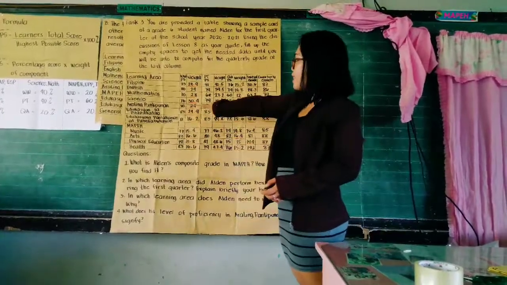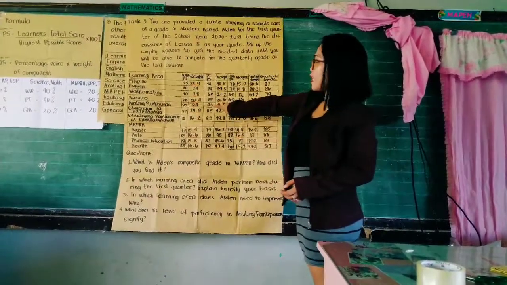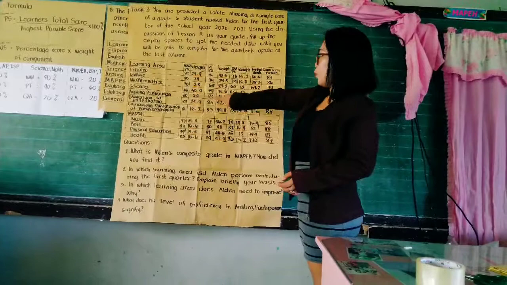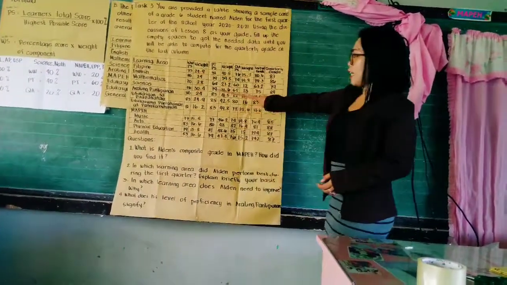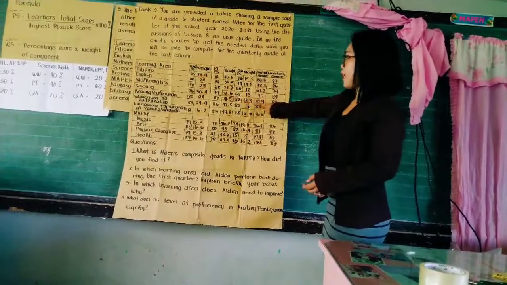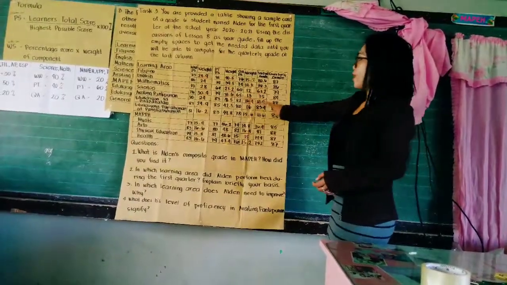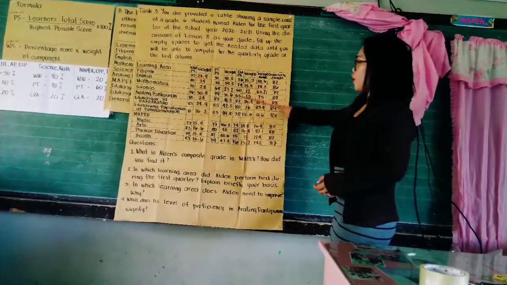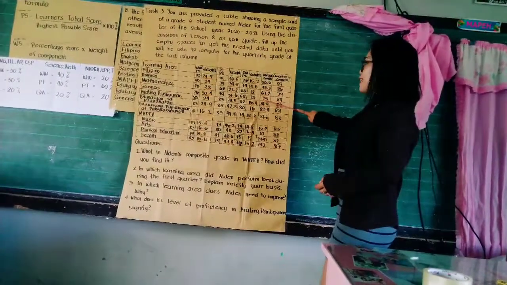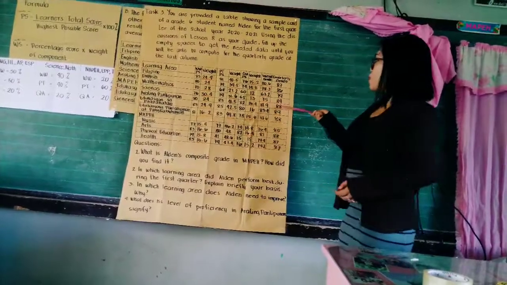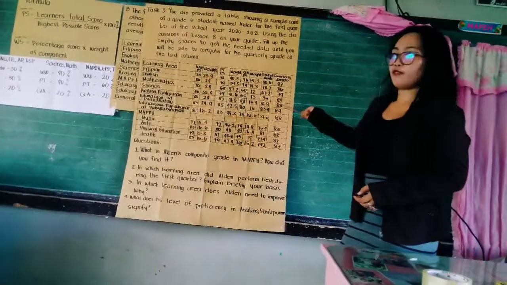Then, for Science, 76 times 40% for written works equals 30.4. 79 times 40% for the performance task is 31.6. Then, 65 times 20% equals 13. And the total is 75. And the transmuted grade is 84.